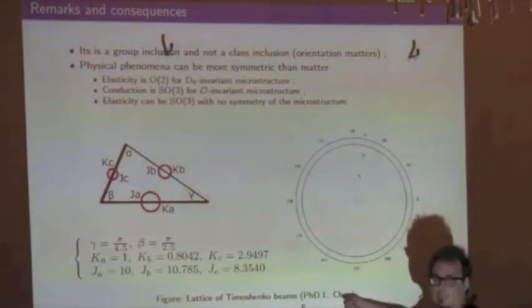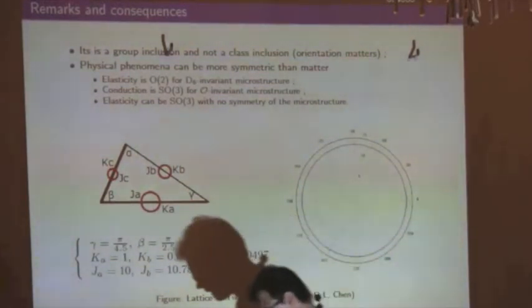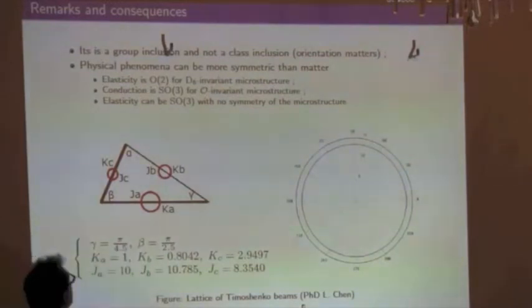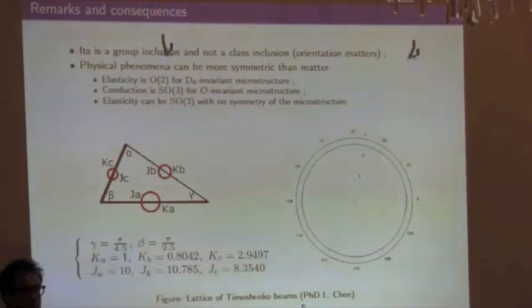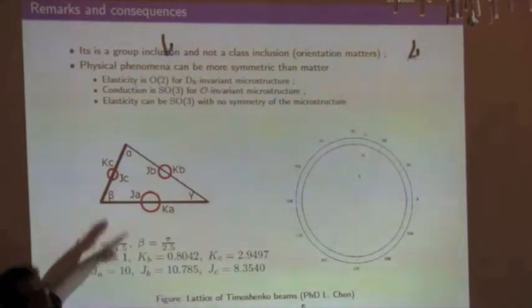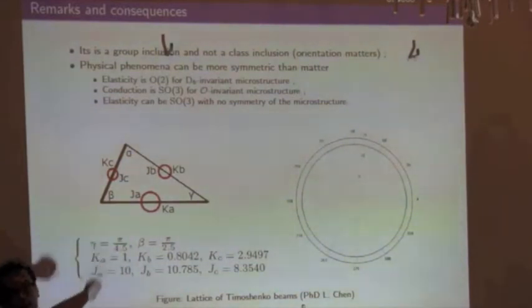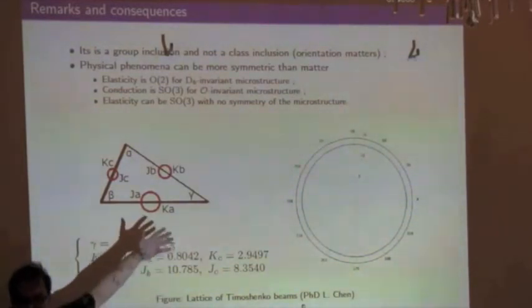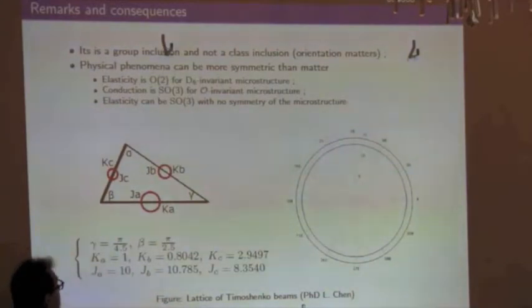Here it's an interesting example, extracted from a PhD in Nantes. The student built a periodic lattice of Timoshenko beams. Here you can make the translation to obtain your complete lattice.